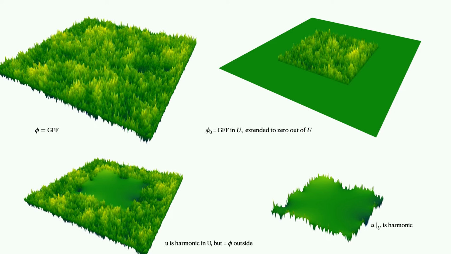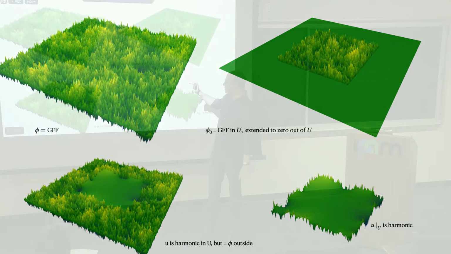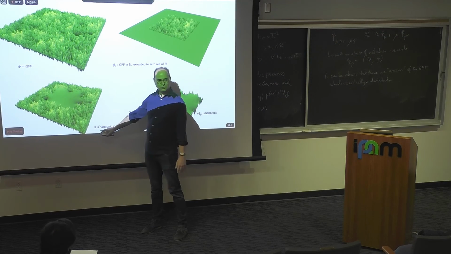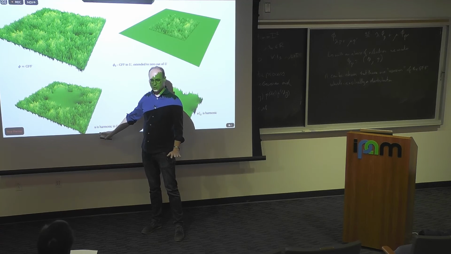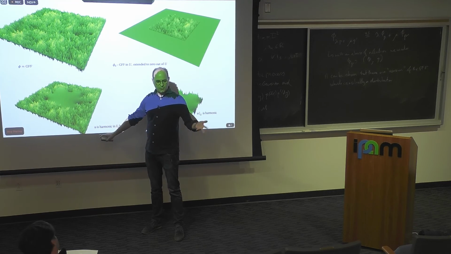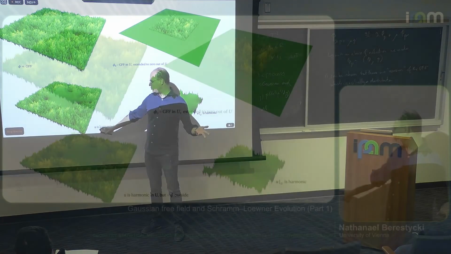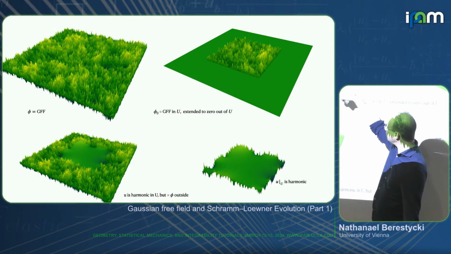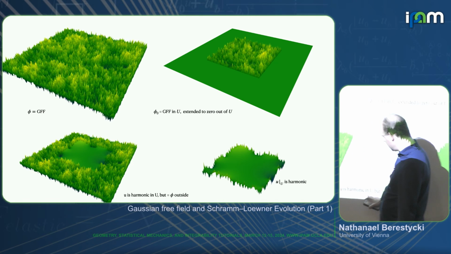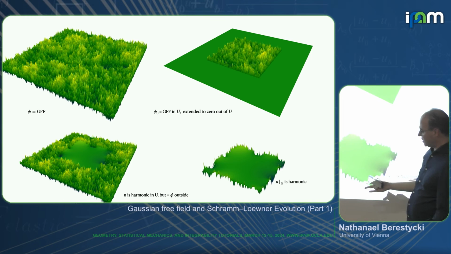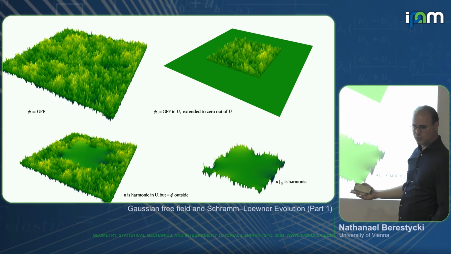So the reason you have to think of it as a Markov property is as follows. Suppose I were to condition on all the information of the GFF outside of the square U. That information is completely contained in the function u, right? u contains no more and no less information than whatever phi is doing outside of this subdomain U. So if I condition on the values of the field outside of U, I get exactly the same information as this function u.